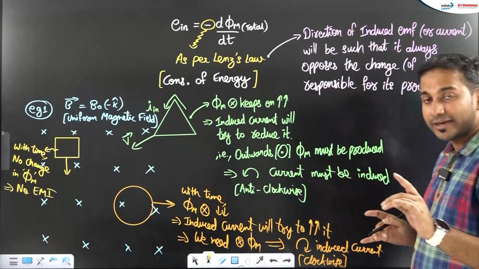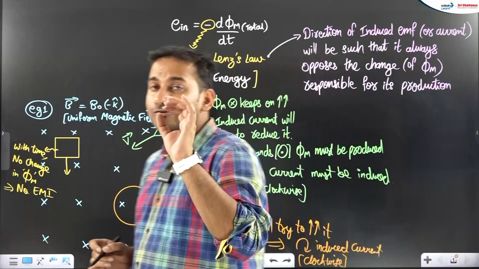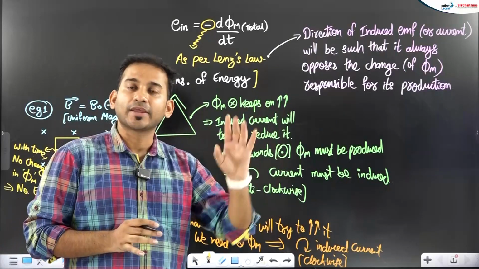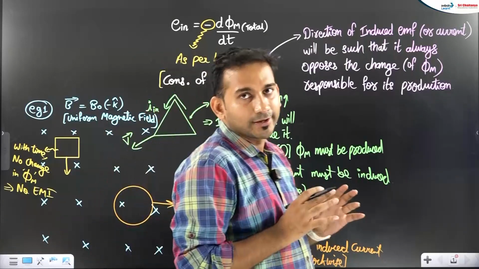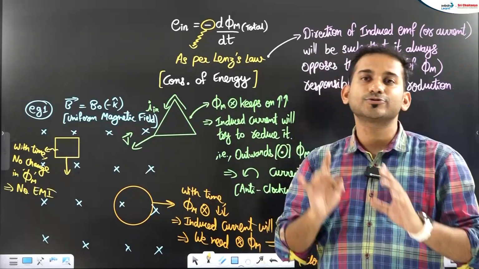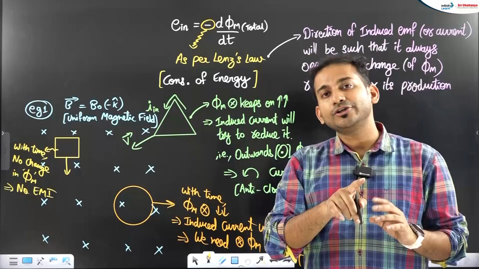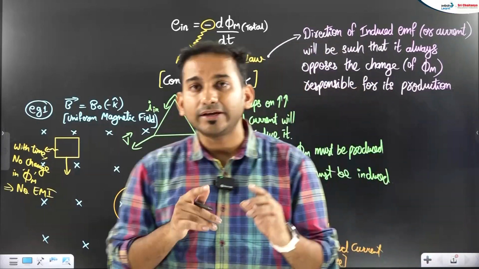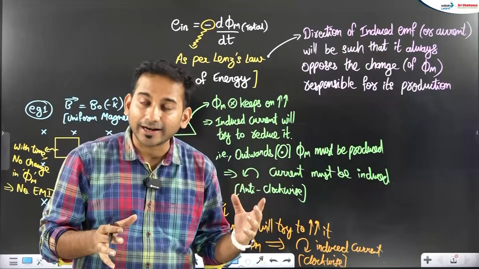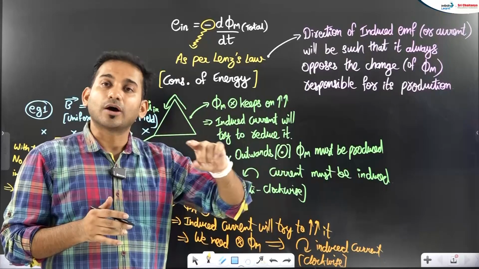So the primary condition is whenever there is a magnetic flux linked with the coil that changes with time, an EMF will be induced in the coil. And if it's a closed loop, then there will be a current induced in the coil. The current so induced and the EMF so induced will have such a direction, with such a polarity, that they are responsible to oppose the change.